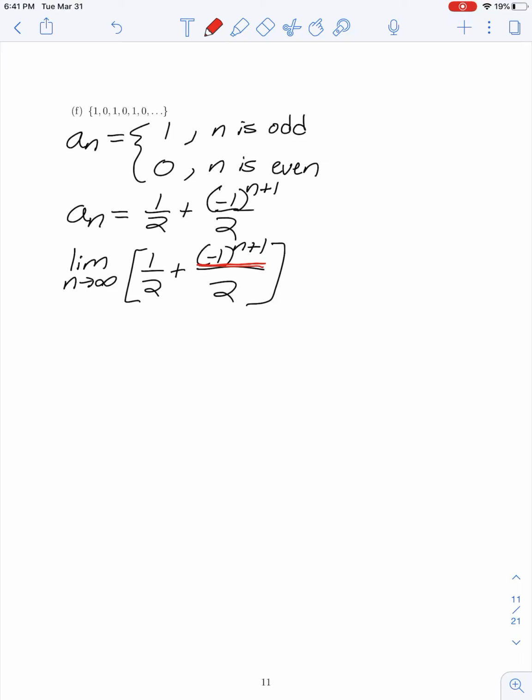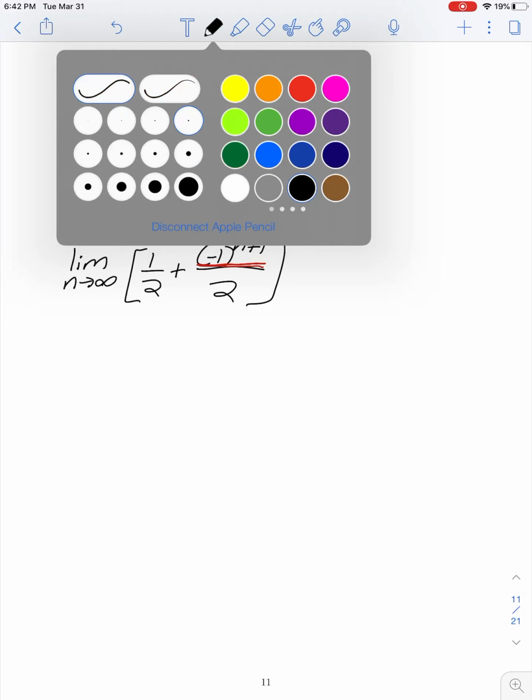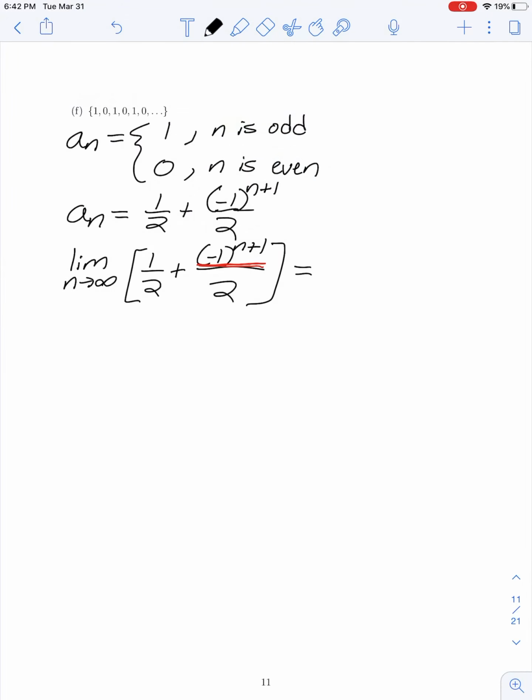And we see, because of this alternating term, negative 1 to the n plus 1, our limit does not exist. There is no single number that the terms of our sequence are getting any closer to. They're oscillating between 1 and 0 for all values of n. So here our limit does not exist.